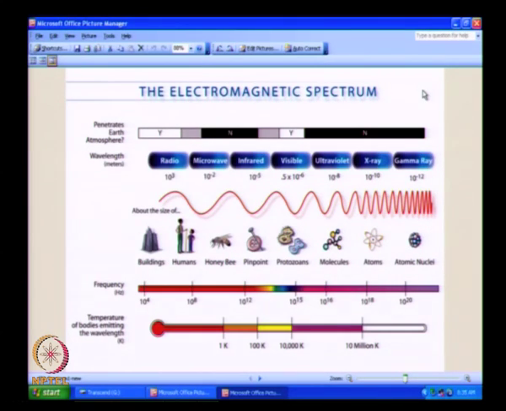Bhabha Atomic Research Center, people are working on the collider, and people who are doing research. High energy physicists are interested in this. Okay, look at the other end of the spectrum where the frequency is very low, E is very small. This is used by electronics and communication engineers.